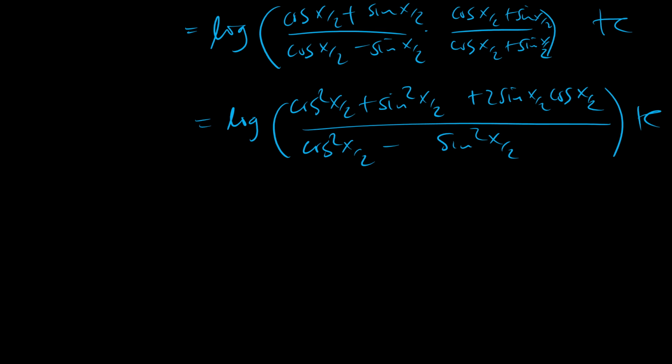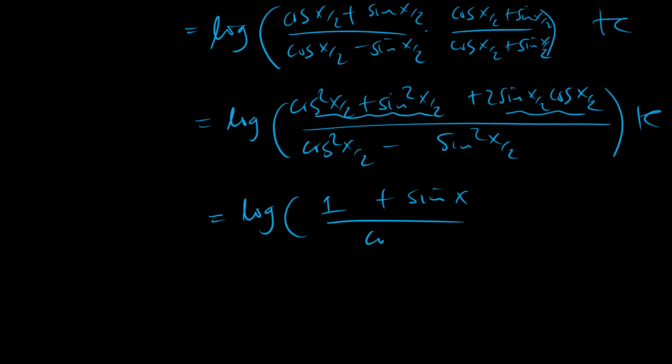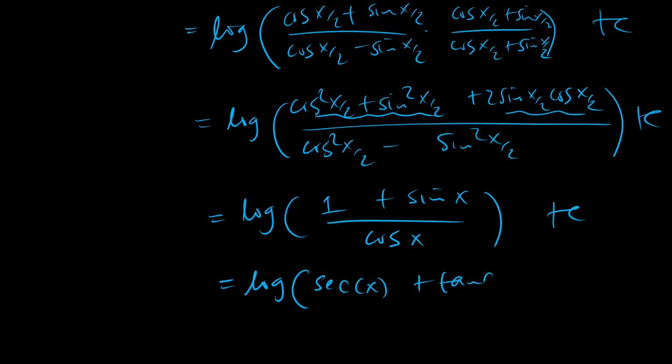The denominator is the same as cosine of x. The numerator, this part here is the same as 1, so we have 1 plus this part, which is the same as sine x, over cosine of x. So, which is the same as the natural logarithm of, if we separate things here, secant of x plus tangent of x plus c.